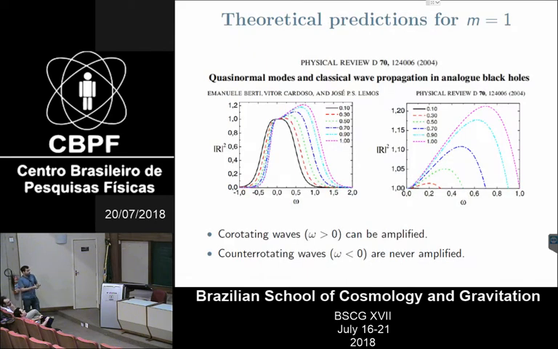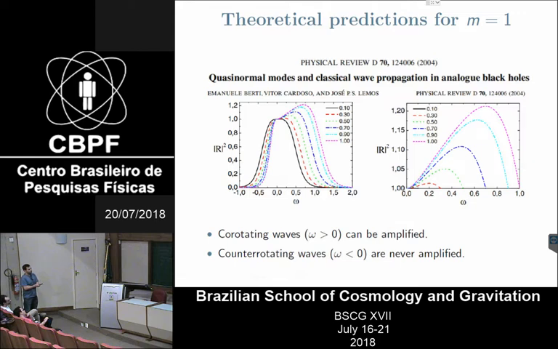Just to remind you, as I explained in the first slide, we want to see superradiance. So we want to see if we can get reflected, scattered waves which have higher amplitudes compared to the incident waves. For this to happen, we need co-rotating waves, and they need to have sufficiently low frequencies.